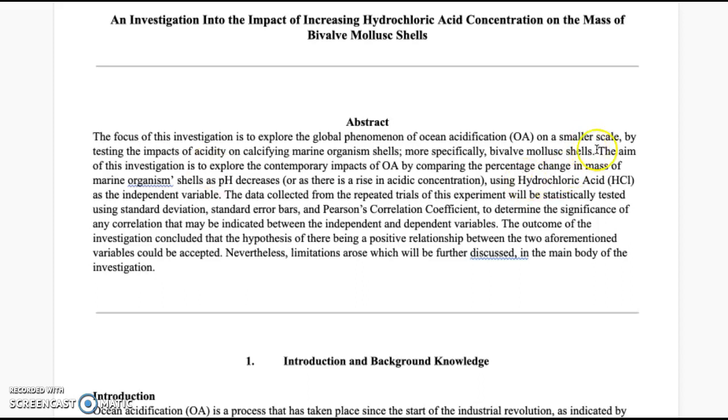And then I'm going to explain the aim of the investigation, mentioning my different variables, and then I'm saying that the data will be statistically tested using standard deviation, standard error bars, and Pearson's correlation coefficient.